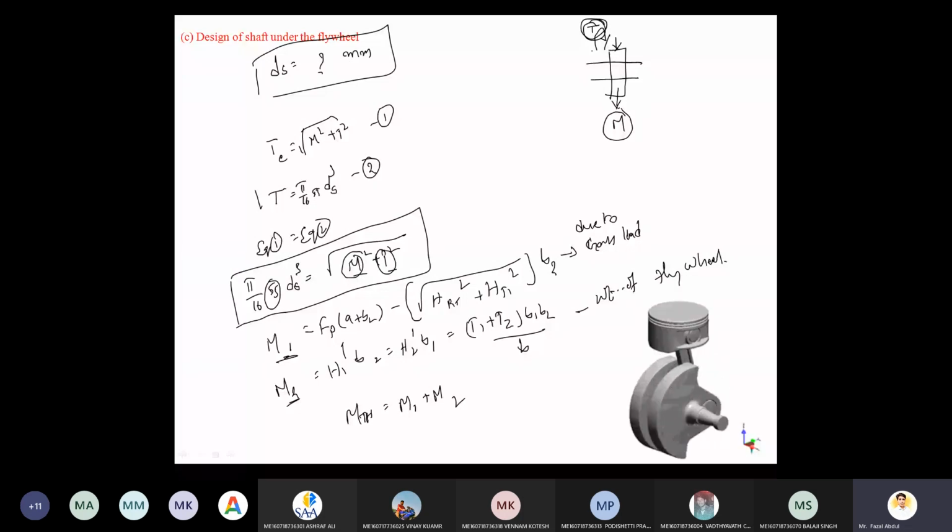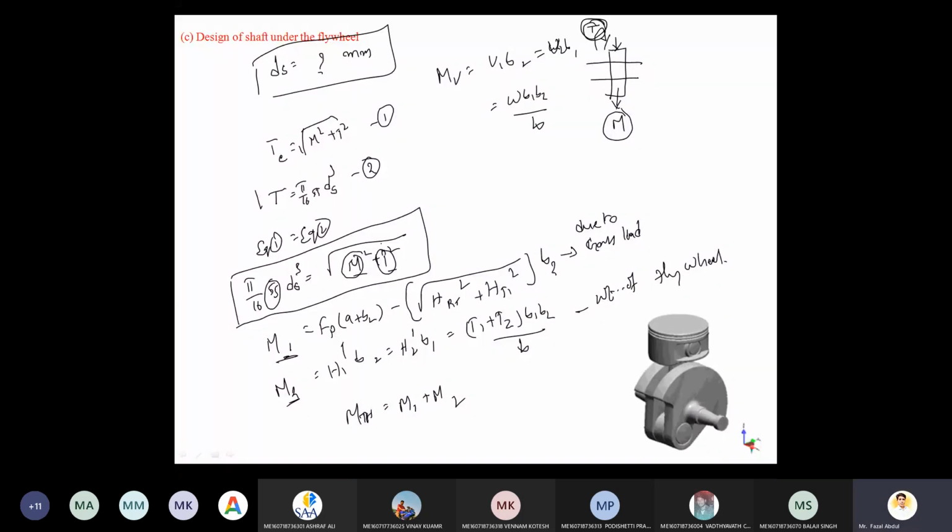There will be vertical reactions. So the vertical bending moment is v1 into b2 equal to v2 into b1, or w into b1 b2 by b.